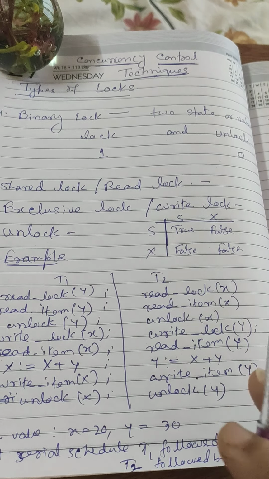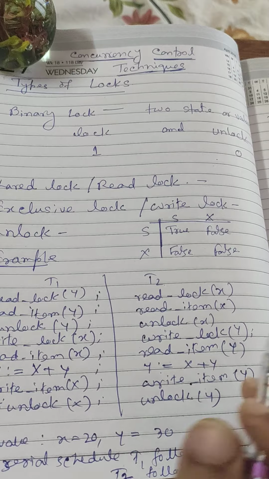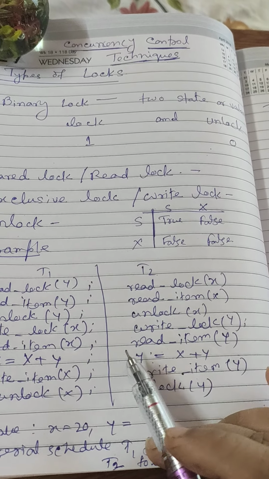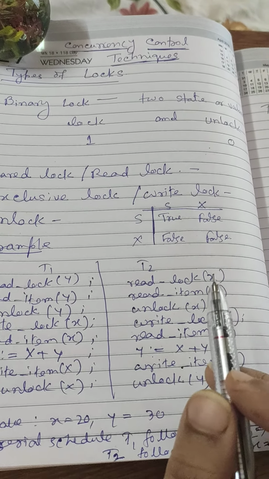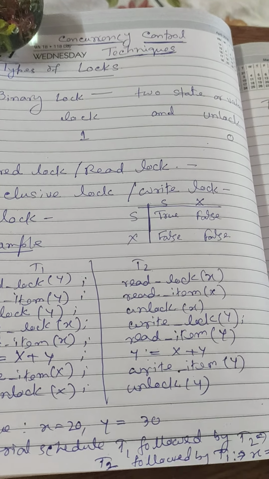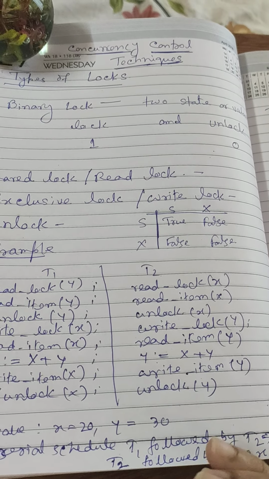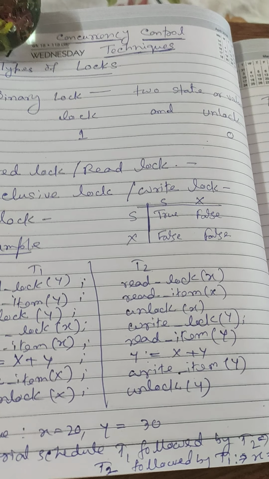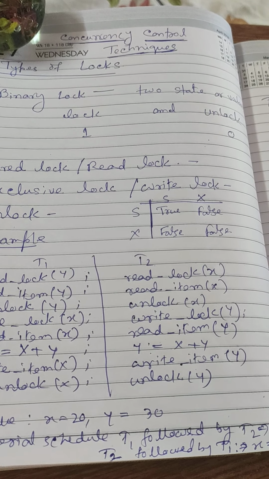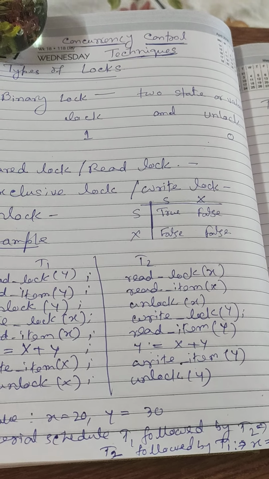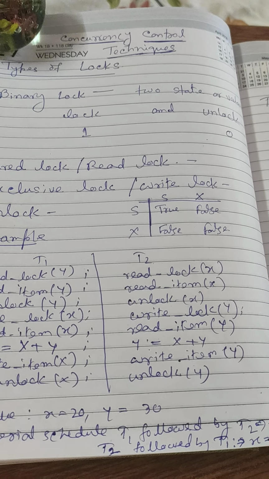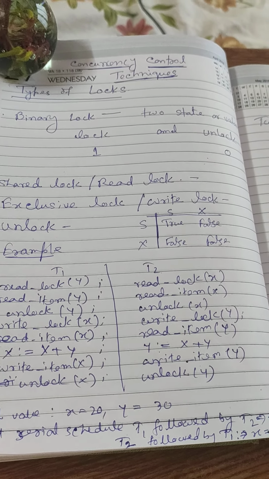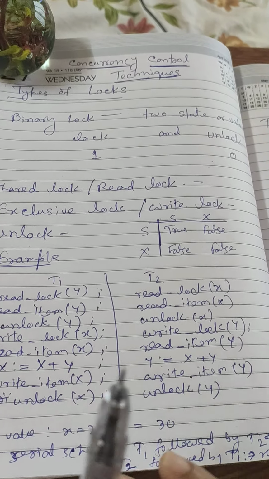A distinct lock is associated with each database item X. If the value of the lock on X is 1, item X cannot be accessed by a database operation that requests that item. If the value of the lock on X is 0, the item can be accessed when it is requested. So this is the basic concept of binary lock.